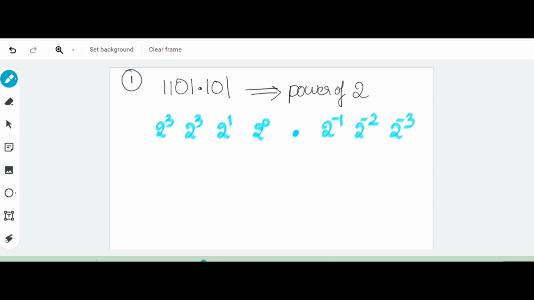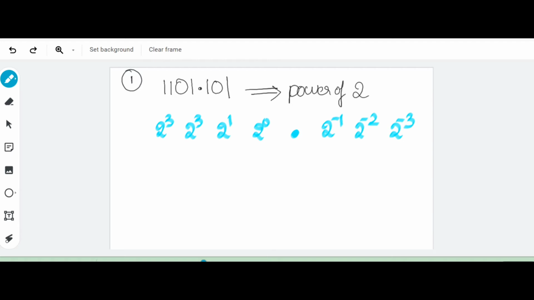Now I hope you got a clear idea why we are writing the dot. Obviously for decimals we will have a point right here. For the point, the left side is all about the positive powers and the right side is all about the negative powers. Remember like that.